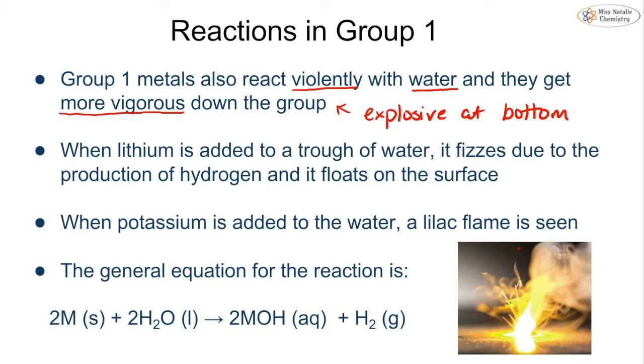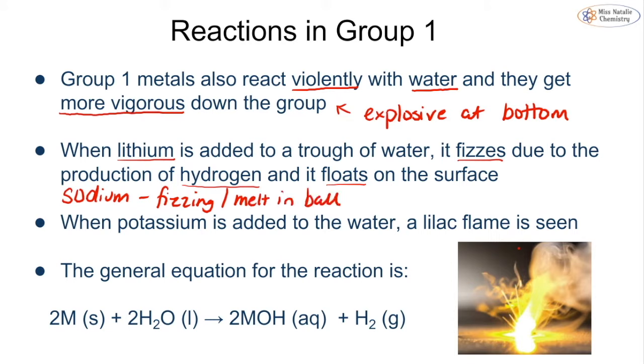So when lithium is added, we see fizzing due to the production of hydrogen, and it floats on the surface. When we have sodium, again, we have fizzing due to the production of hydrogen, and we see the sodium melt into a ball.